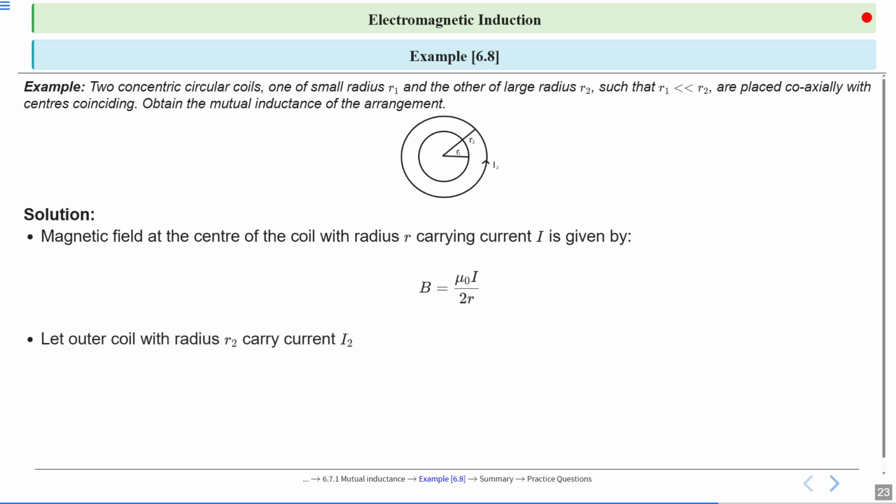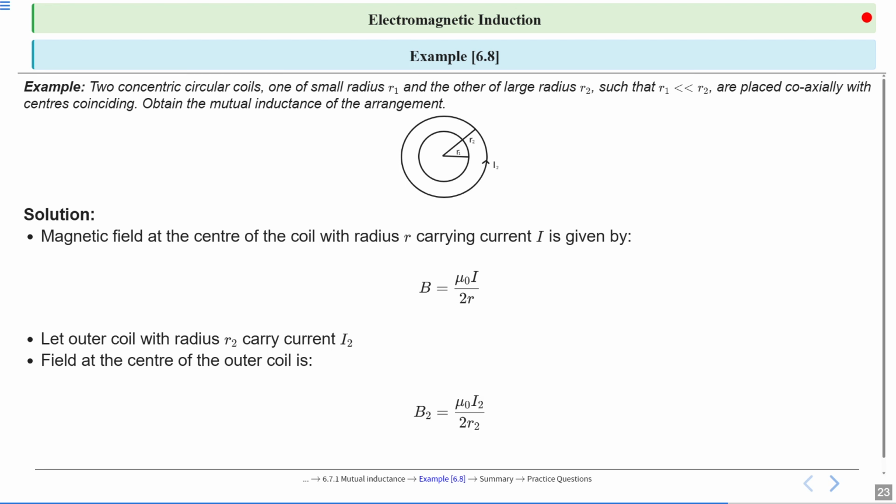So let the outer coil with radius R2 carry current I2. It is shown in the figure also. So the field at the center of the outer coil is B2 equal to mu naught I2 upon 2R2.